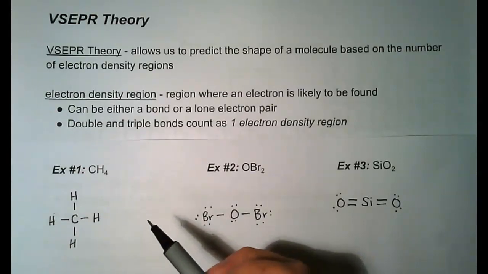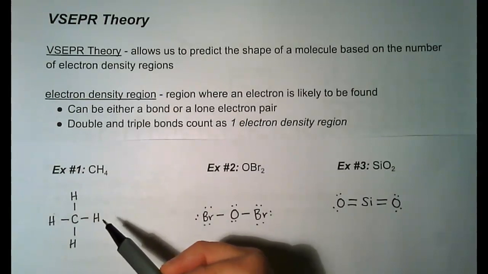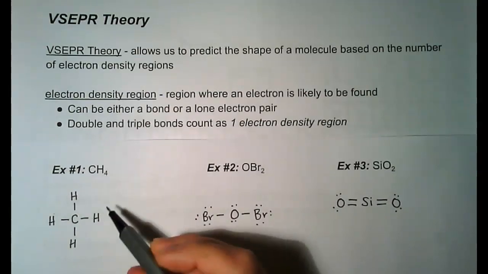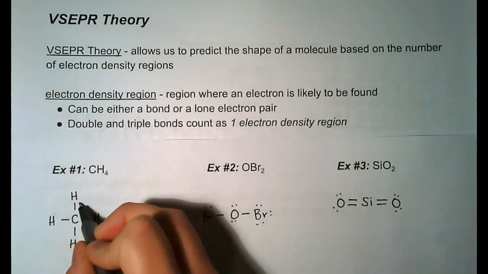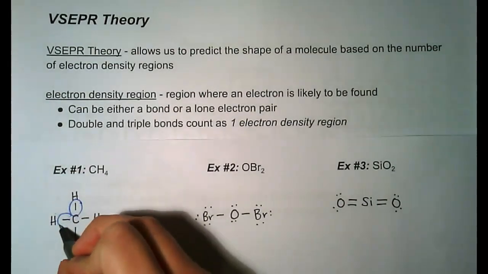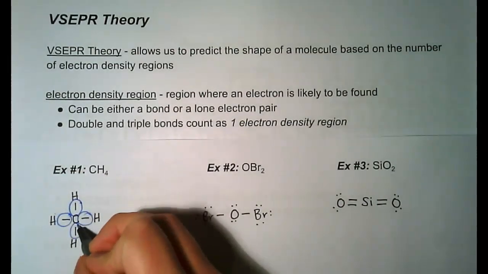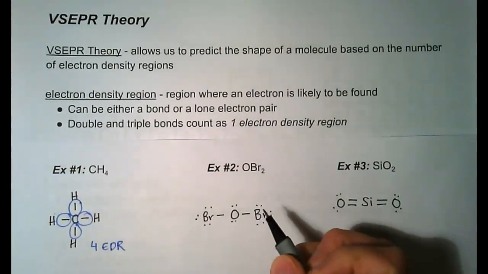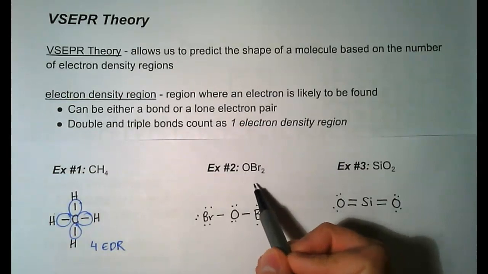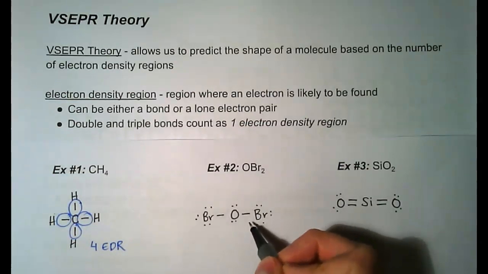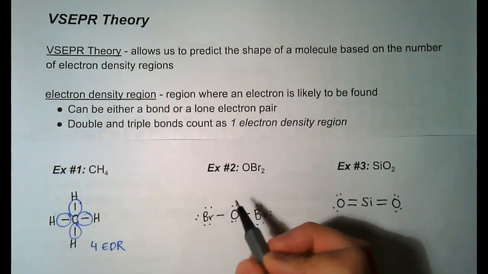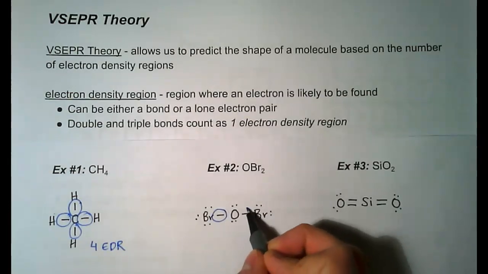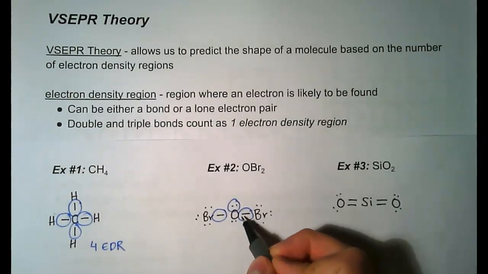So if we look at the Lewis structures that we just drew, CH4 would have 4 electron density regions because it has 4 bonds. So this would have 4 electron density regions. OBr2 would also have 4 electron density regions about the central atom because it has 1, 2 bonds, and then 2 lone pairs.